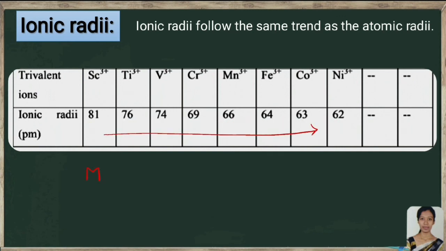When we compare the ionic radii of +2 ions and +3 ions, the metals with +3 ions will have a higher effective nuclear charge when compared to M+2 ions. The higher the effective nuclear charge, the smaller the ions will be.